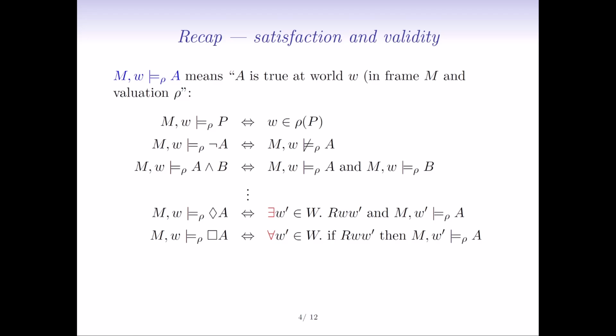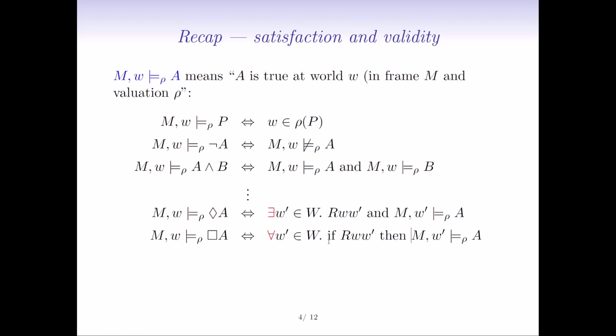So again, formally, it's written using this quantifier, says for all W prime, such that W prime is accessible from W, then A is true at W prime. So for all W prime, if R W W prime, which is to say W prime is accessible from W, then A is true at W prime. And that's the entire satisfaction relation for modal logic.